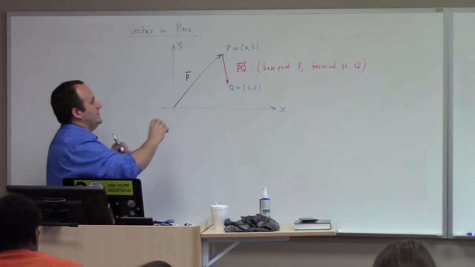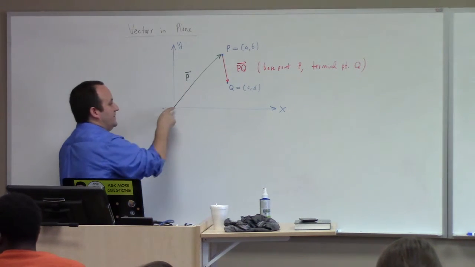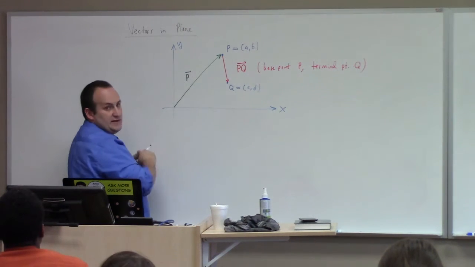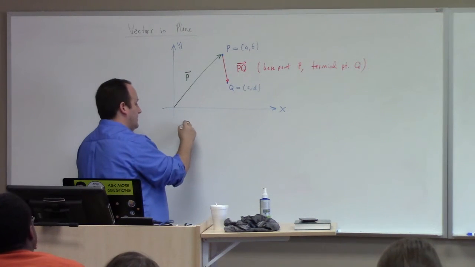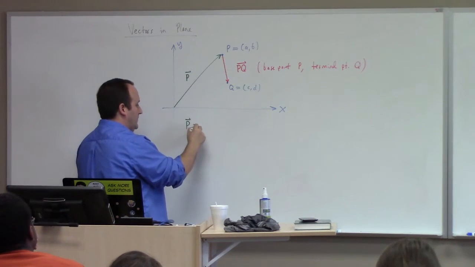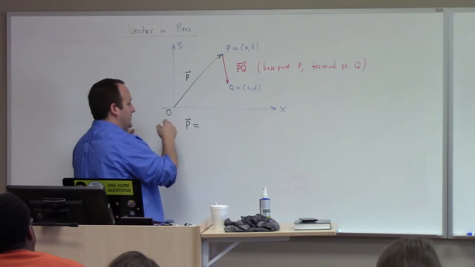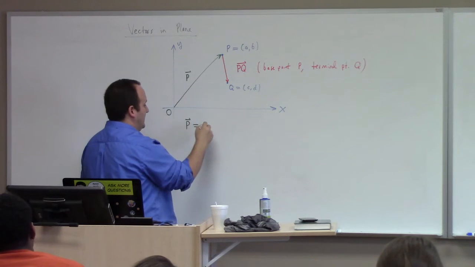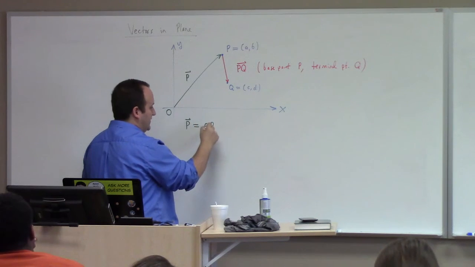You think about the point P, and the vector which points from the origin out to P. If we use 0 for the origin, that's 0P if you want to use the other notation, right?